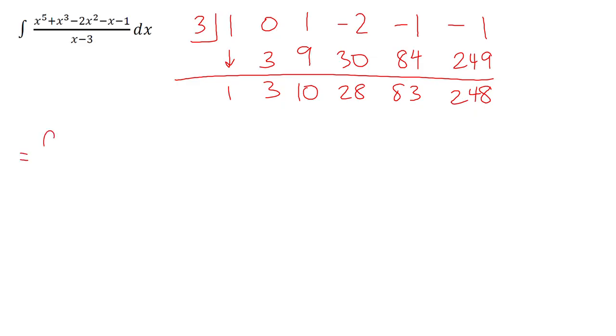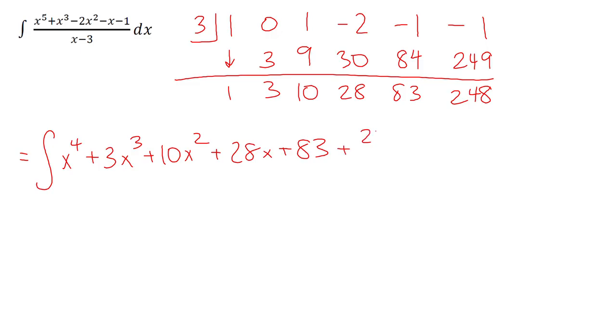And now it just becomes a simple integral. We drop down to x to the 4th since we started at x to the 5th, plus 3x cubed plus 10x squared plus 28x plus 83 plus 248 over our original denominator of x minus 3.